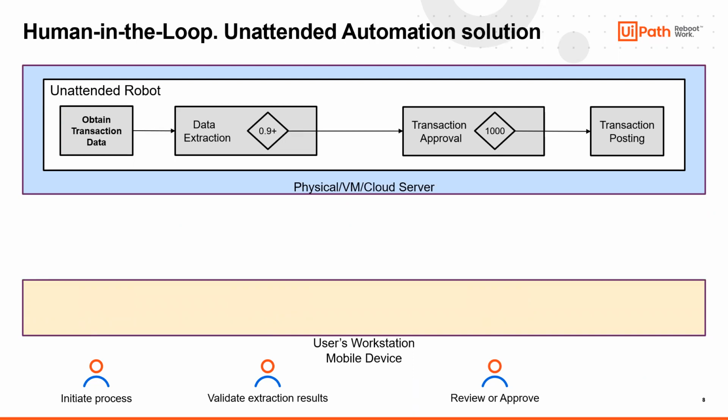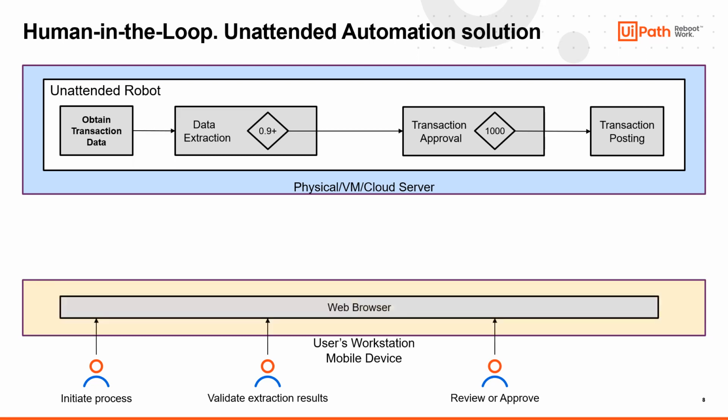So this will lead to a situation where the user is still interacting with his workstation or mobile device. But instead of running desktop applications, this user will initiate the process using a web browser, or validate extraction results using a web browser, or review and approve using a web browser.